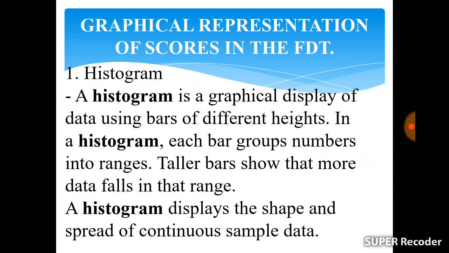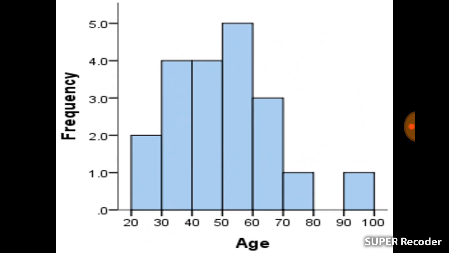Taller bars show that more data falls in that range. A histogram also displays the shape and the spread of continuous sample data.